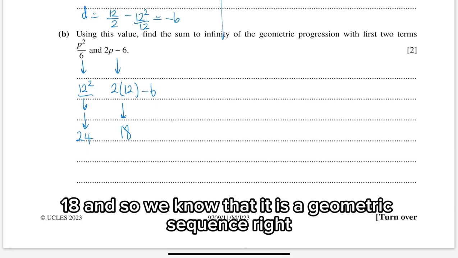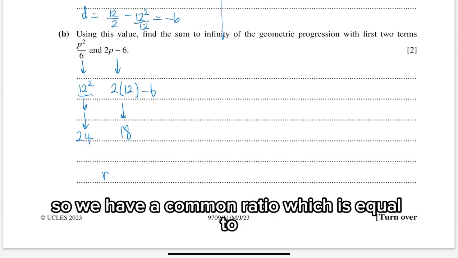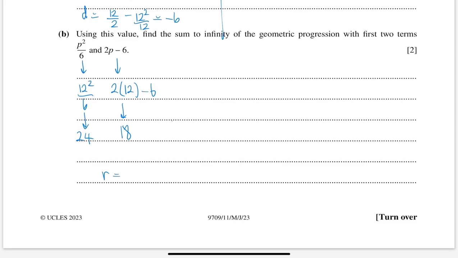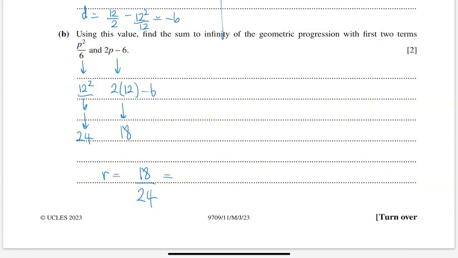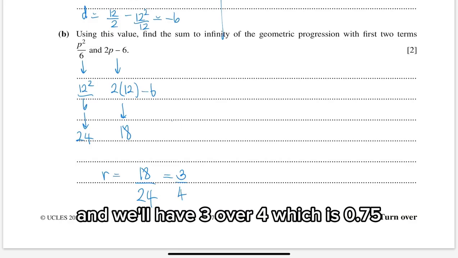And we'll have 18. And so we know that it is a geometric sequence, right? So we have a common ratio which is equal to the next term, which is 18, divided by the term before, which is 24. And we'll have 3 over 4, which is 0.75.